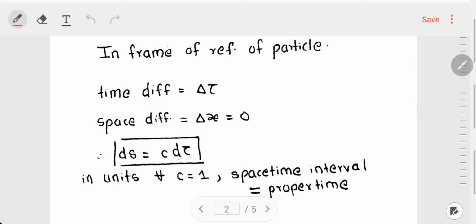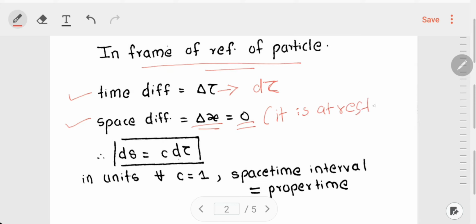In the frame of reference of the particle we have time difference to be del tau, and in the limit where all these quantities are very small, the time difference is d tau. Now the space difference in the frame of reference of the particle, which we call del x, is equal to 0, because the particle has the right to say that it is at rest. The particle has the right to say that it is at rest because it is moving with a uniform velocity v in our frame of reference.